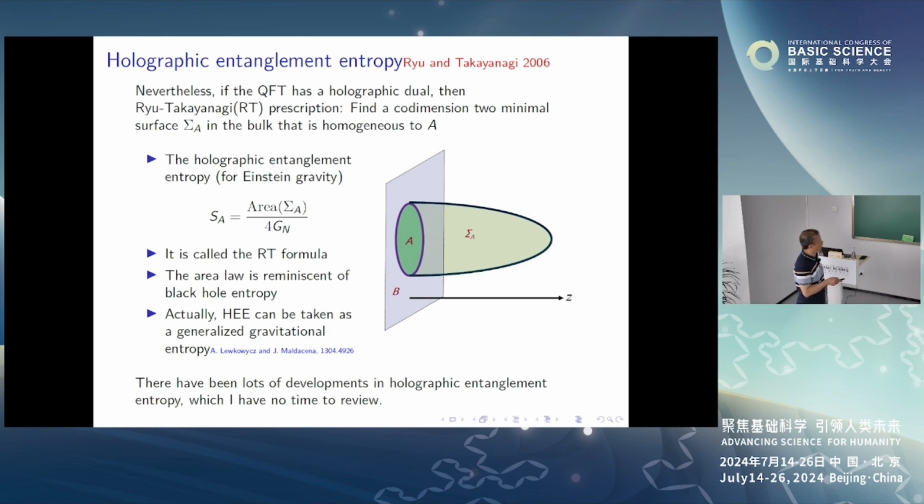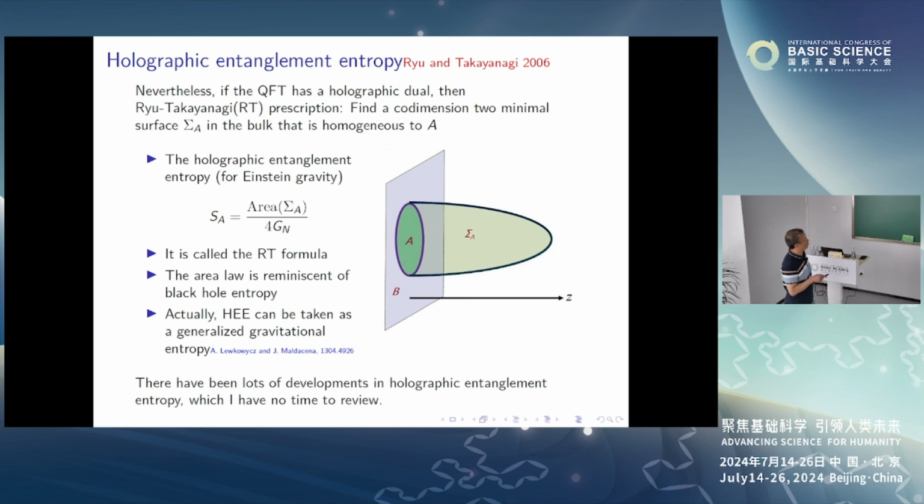We want to compute the entanglement between A and B. Then the entanglement entropy, in this case, if the bulk is just Einstein gravity, then one can find a minimal surface, which is homologous to A. And then the holographic entanglement entropy is captured by this formula.